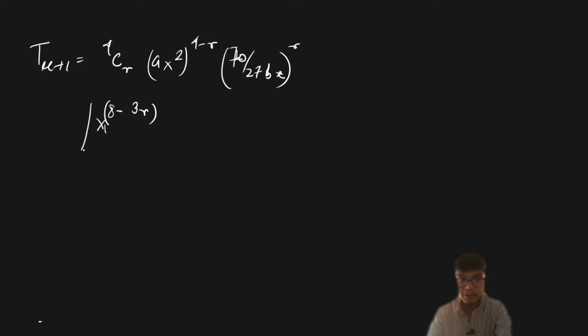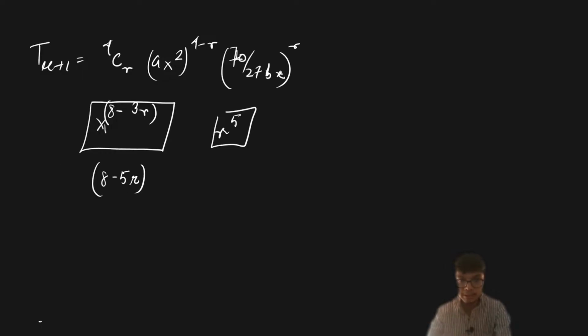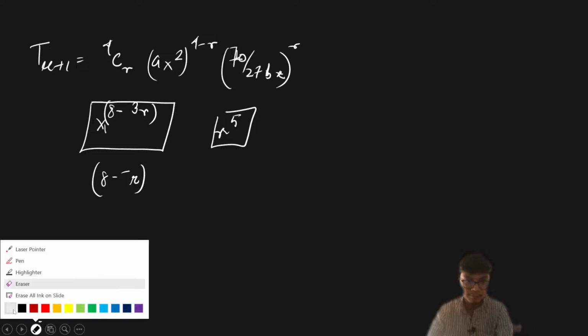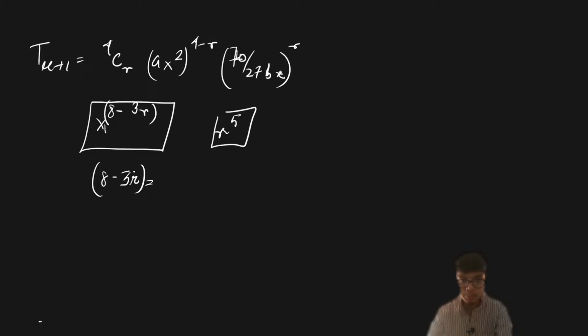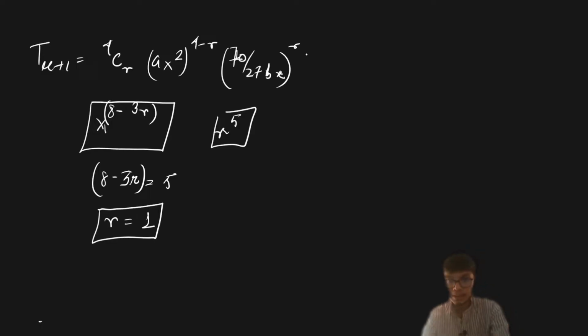Now I need the power of x to be x to the power 5 in the first expansion, so 8 minus 3r should be equal to 5. From this I will get the value of r equal to 1. Putting r equal to 1, that is the second term.